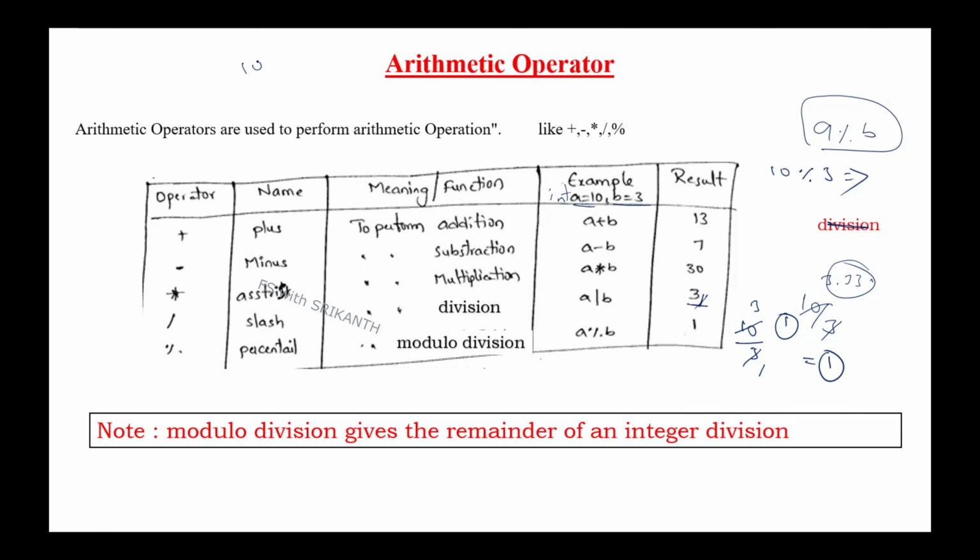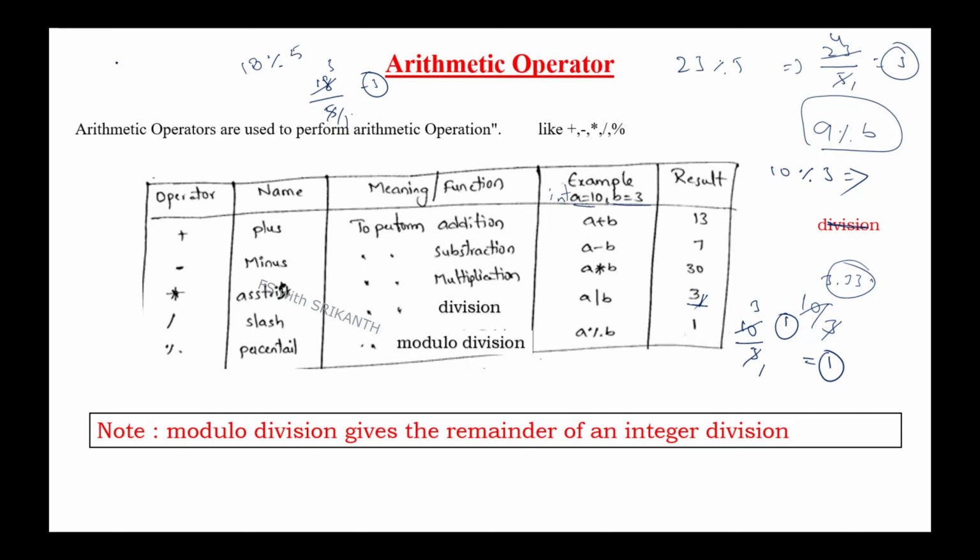Suppose there is 18 modulo division 5. 18 by 5: 5 threes are 15. Remainder 3. Just observe 23 modulo division 5. What are we getting? 23 by 5: 5 fours are 20. Remainder is 3. We are getting 3.